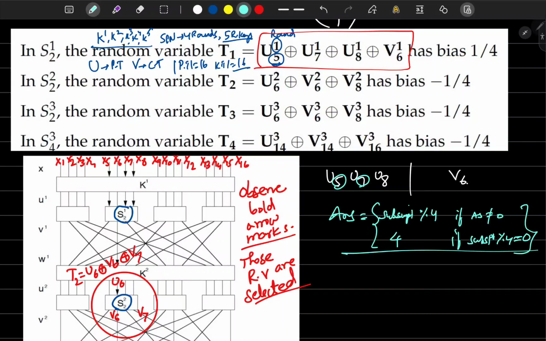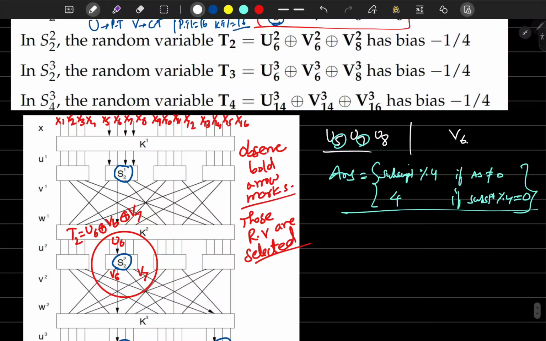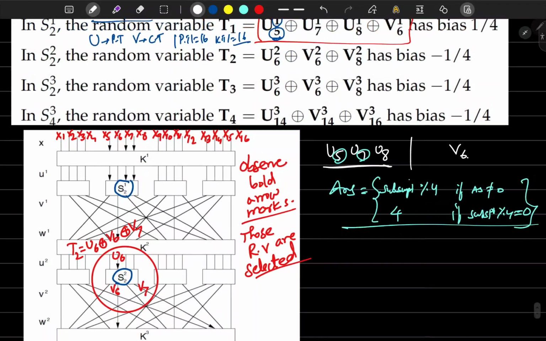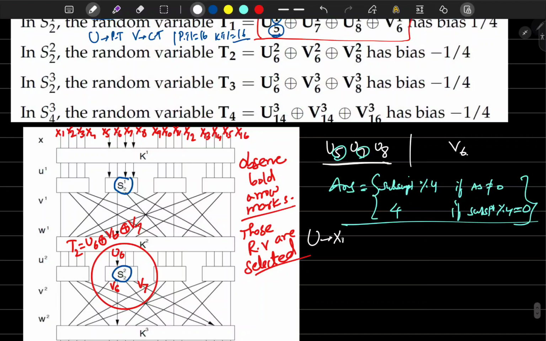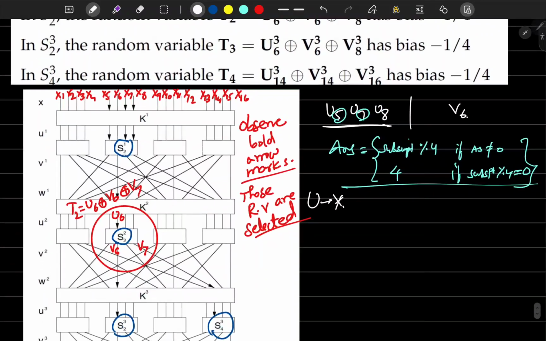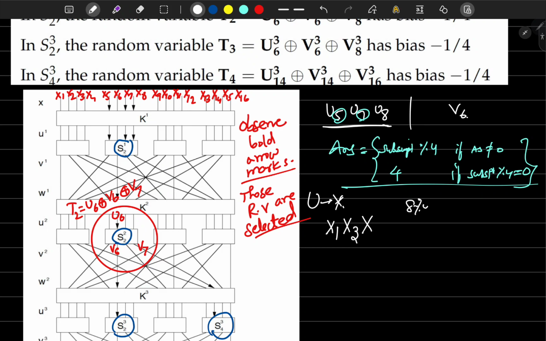Since you are not feeling the notation, let's take U as capital X. Now 5 is nothing but 5 modulo 4, so 1, this is x1. Then 8 modulo 4 is 0, so take 4, write it as 4.